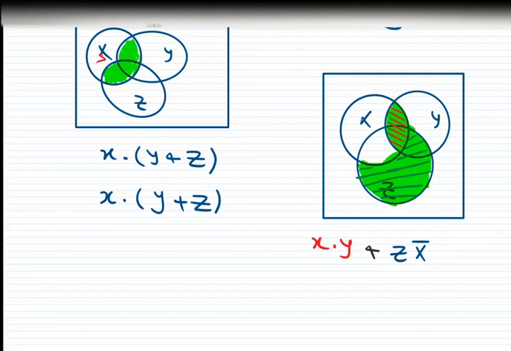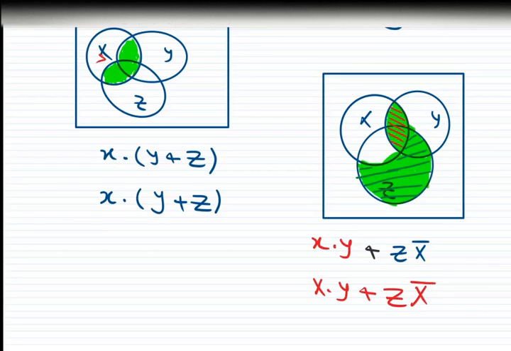So one more time, for the red highlighted area, we say any part which is for both x and y, which is x and y, plus for this part we say any part which is part of z but it is not part of x, because you see this area is part of z and x and it's not highlighted.